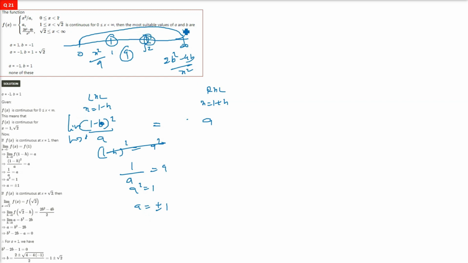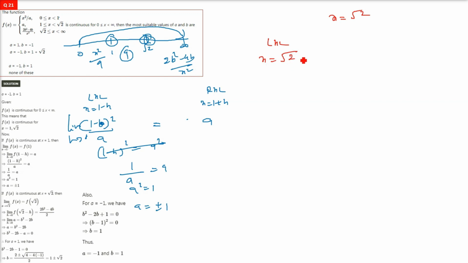Now coming to root 2. If you see here, the left hand limit will be only a, because 1 to root 2 is a. And from root 2 to infinity, it will be 2b square minus 4b by x square.